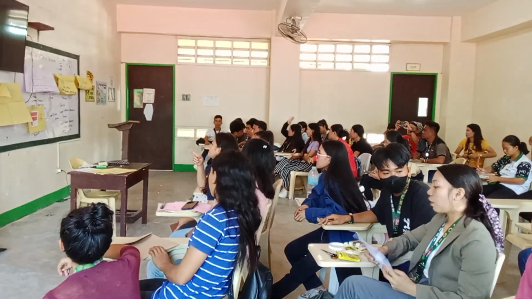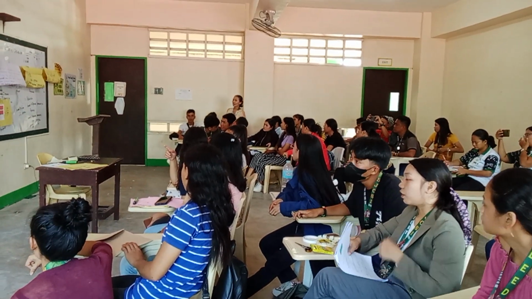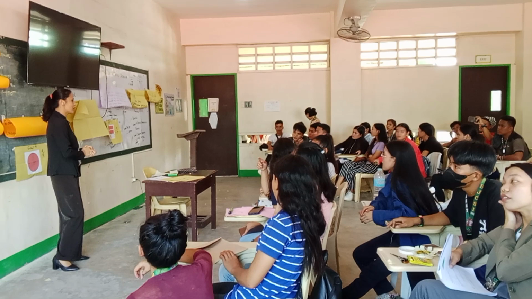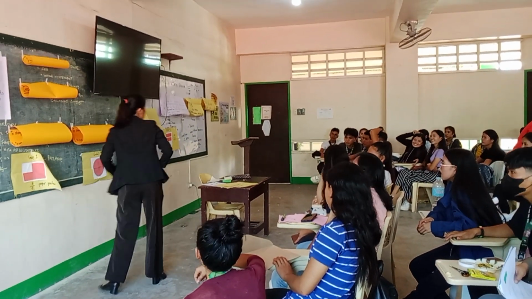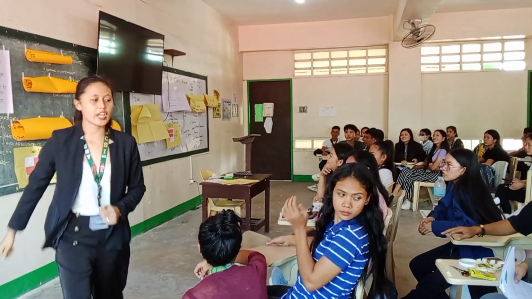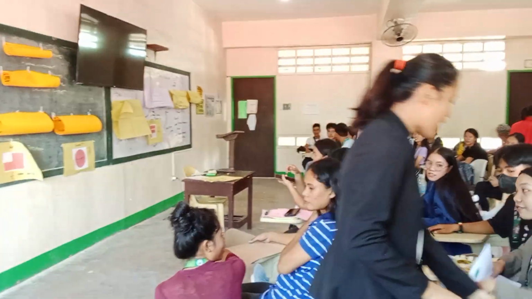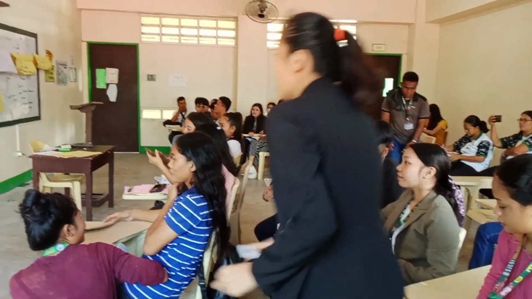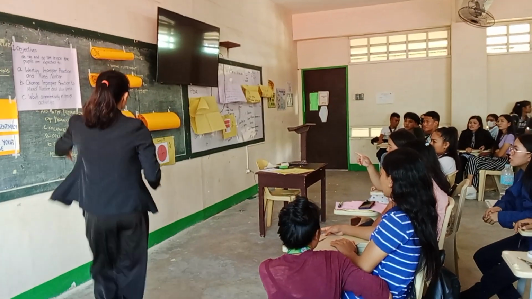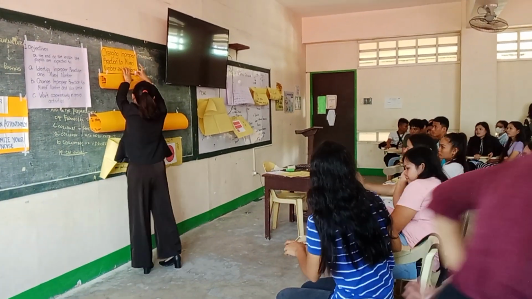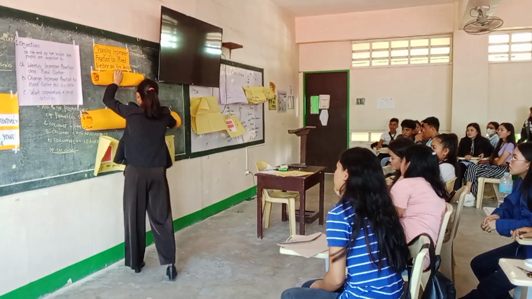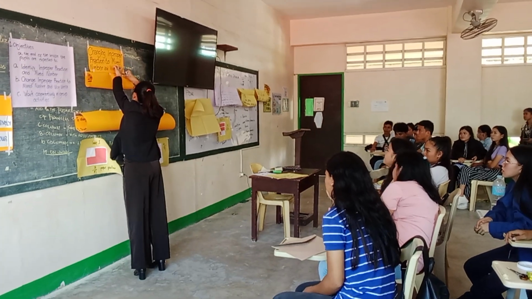Yes? I think it's improper fraction. Okay, thank you. So our topic for today is all about changing improper fraction into mixed number and vice versa. Vice versa means improper fraction into mixed number and mixed number into improper fraction. So what is an improper fraction?